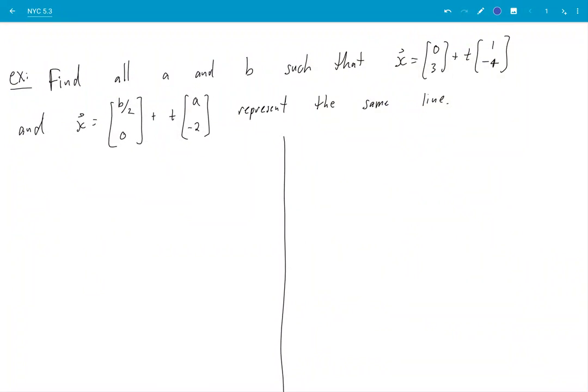Okay, just playing around with lines here to get more comfortable with them. So pause and copy and have a think about this. I want these two lines to be the same when I graph them. So gonna have to use some thinking here. Okay, they have to be parallel. Right? If they're gonna be the same line, they have to be parallel.